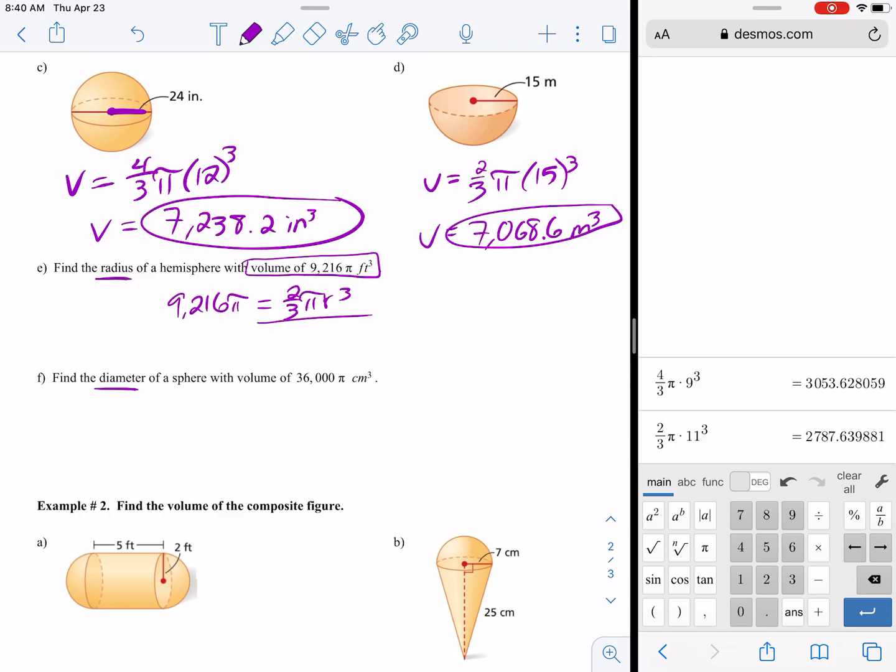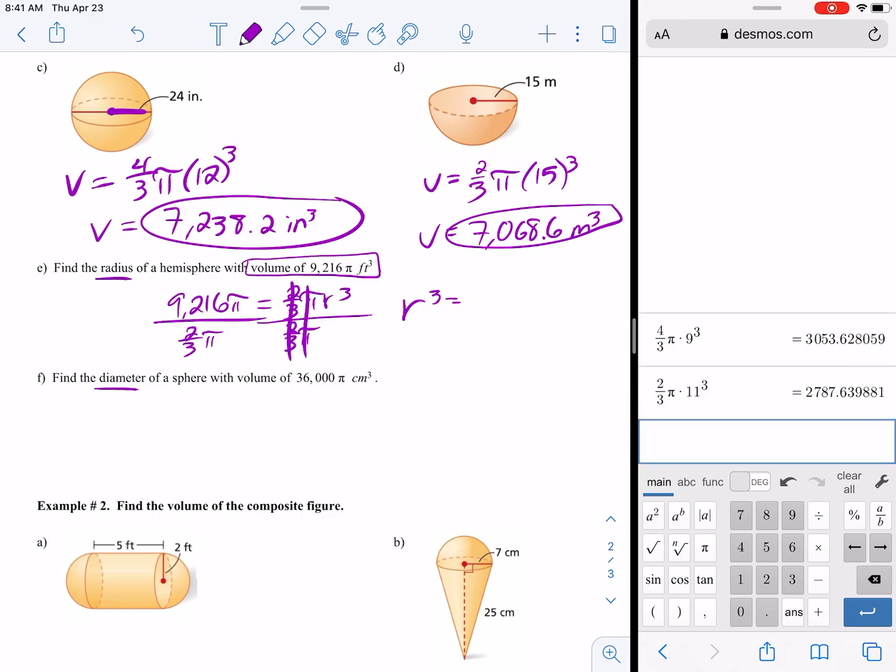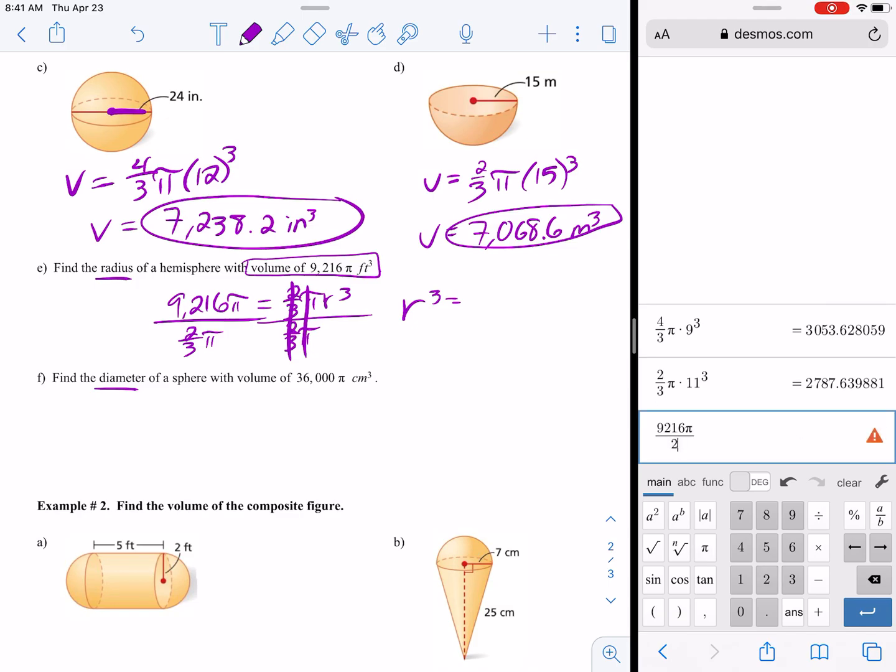So we need to get rid of the 2/3 and the pi. And because they're being multiplied, we can just divide both of them over. And we would have r cubed by itself. On your calculator, you can just enter 9,216 pi divided by 2/3 pi.